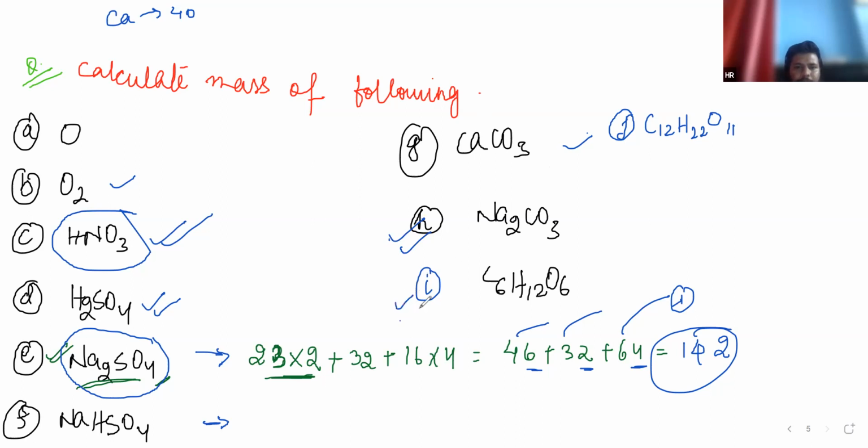Very good. Mass of C6H12O6. Arslan, what about J? After 180, what about J, Arslan?